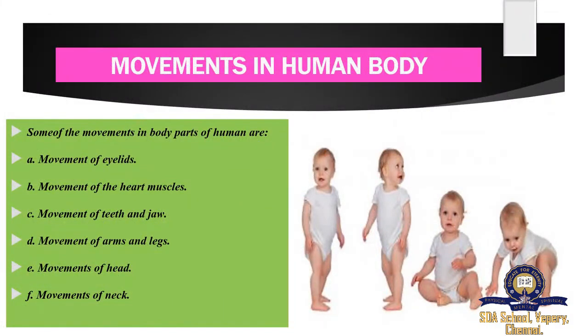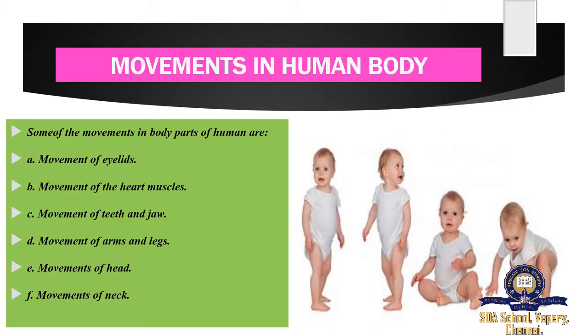Movements in the human body. Some of the body parts of humans that move are the eyelids. The eyelids, unknowingly, all the time, protect our eyes. Movement of the heart muscle is not controlled by us, it happens automatically. Movements of teeth and jaw: with their help we speak and eat food.